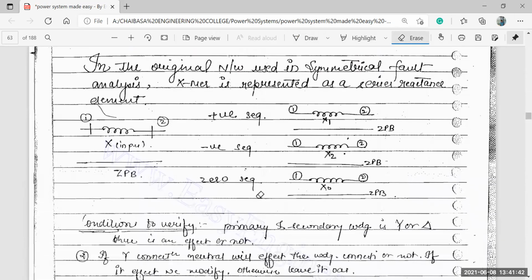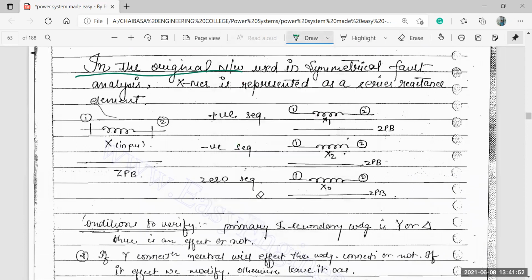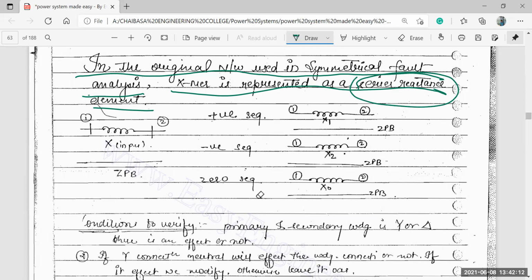In the original network used in symmetrical fault analysis, the transformer is represented as a series reactance element. In this particular form only it will be represented.